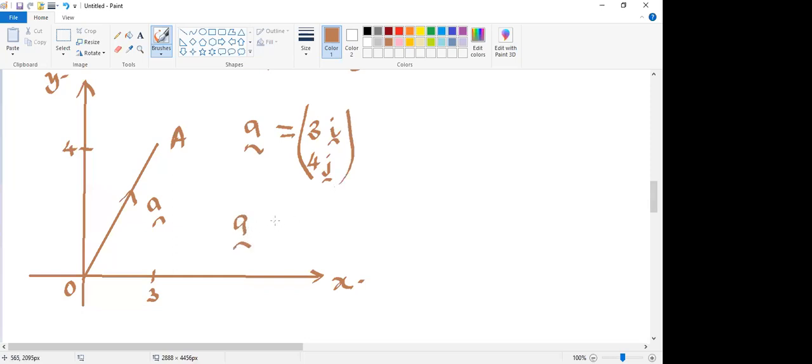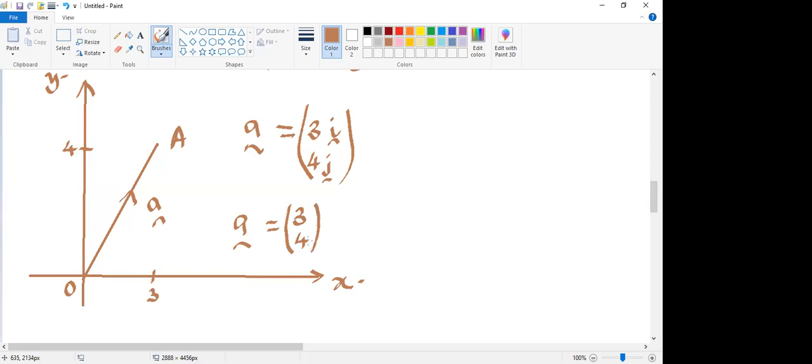Vector A as a column vector. Just write the way as my brother has just said, but you ignore the I and the J. Tony, we are not writing the I and J in the column vectors.